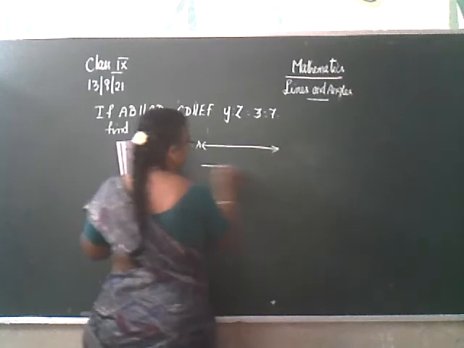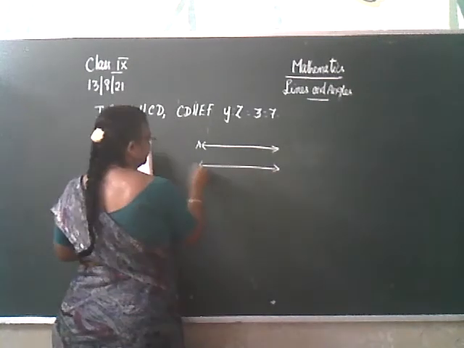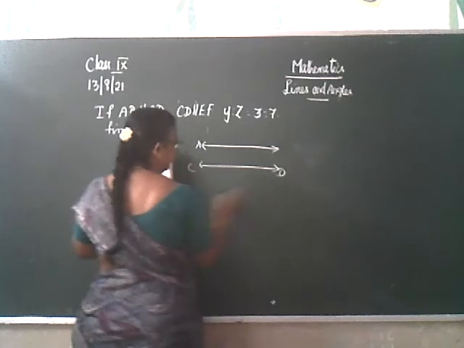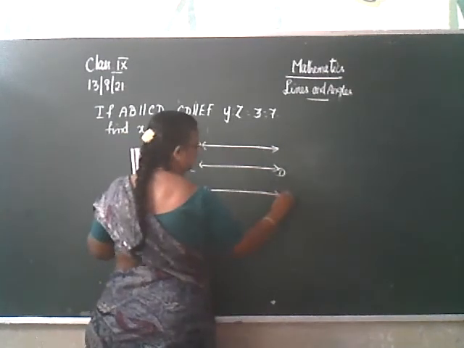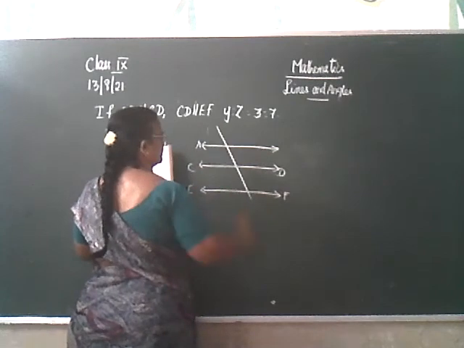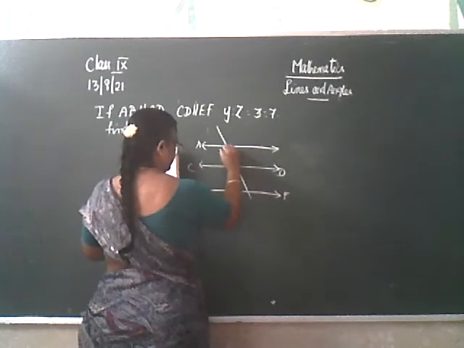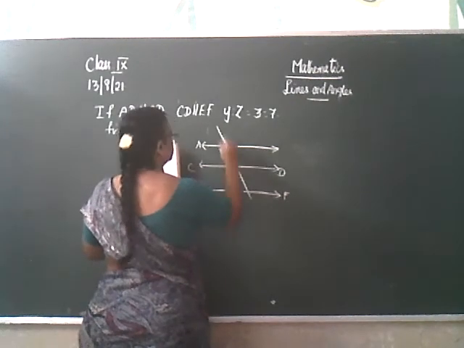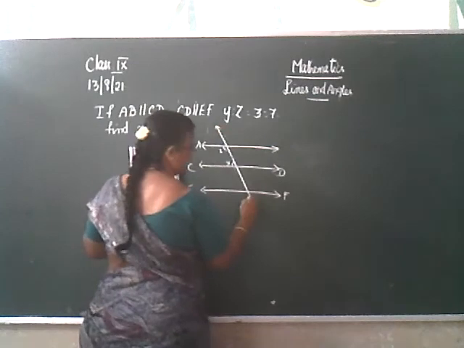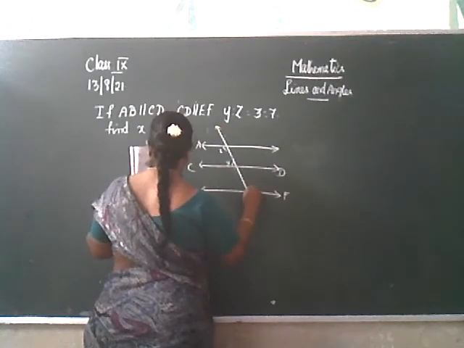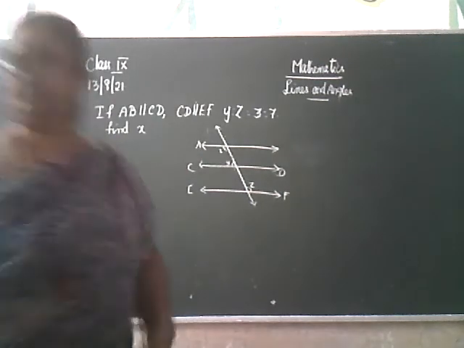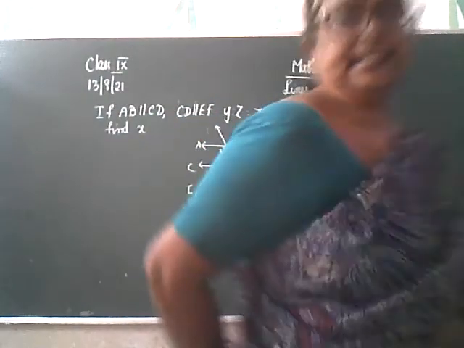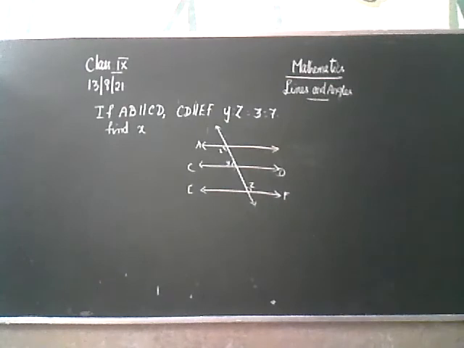is parallel to CD. CD is parallel to EF. Again it is given AB is parallel to CD, CD is parallel to EF.